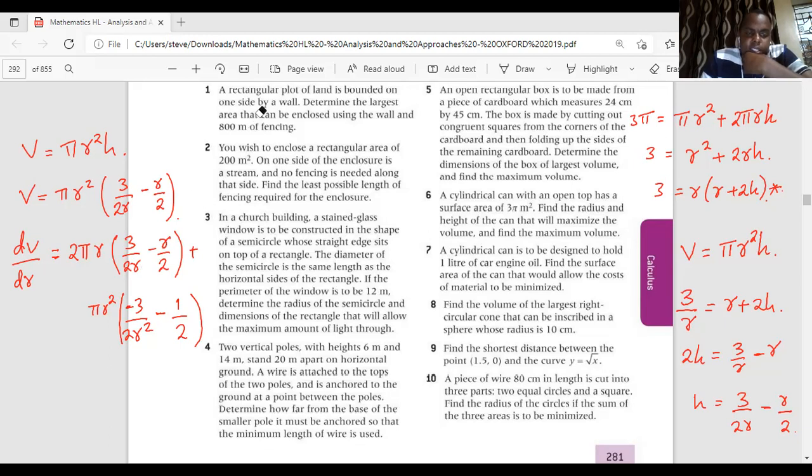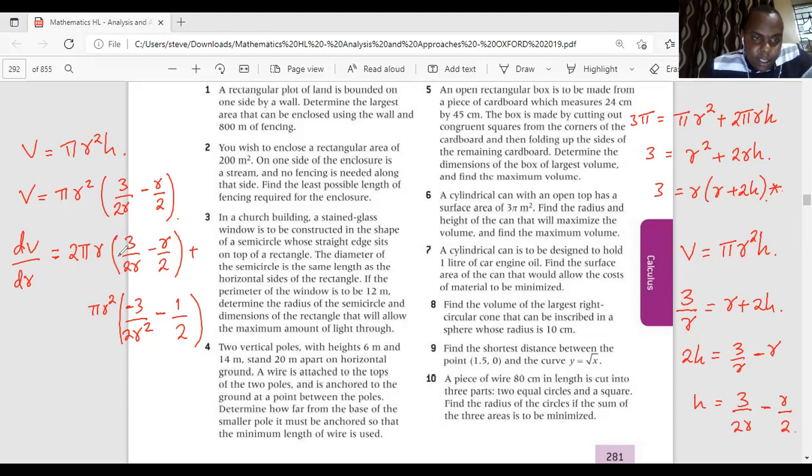So let's equate this to 0 and see what happens. So first of all, if we equate this to 0, you agree with me that one of the solutions is 0.